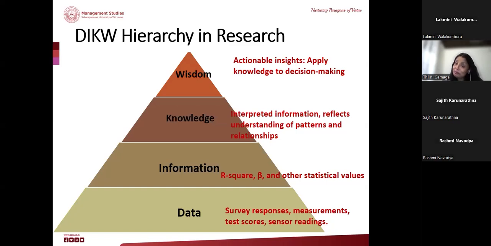So always think about this and understand. True, you need to start with data. You can't omit it at all. You have to start with data, and that's the basic foundation. But building on data, you should think about how you generate information and knowledge, and why wisdom matters in research.